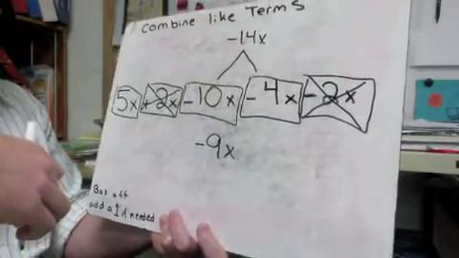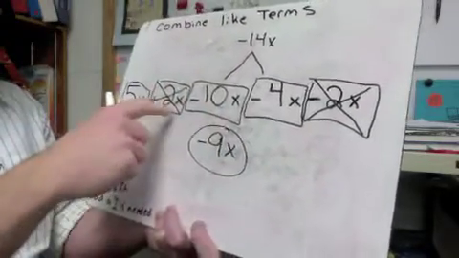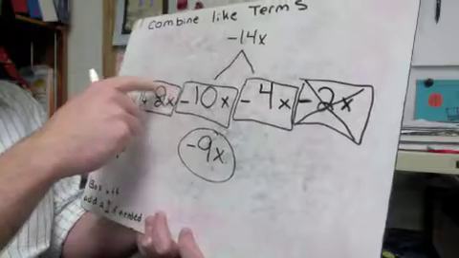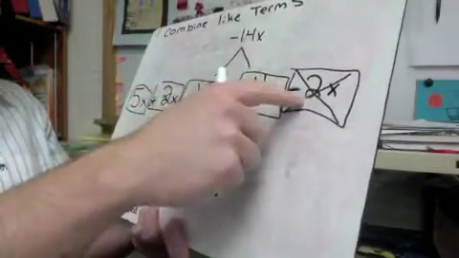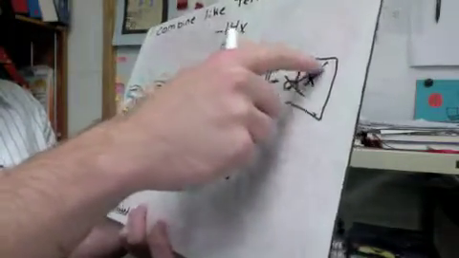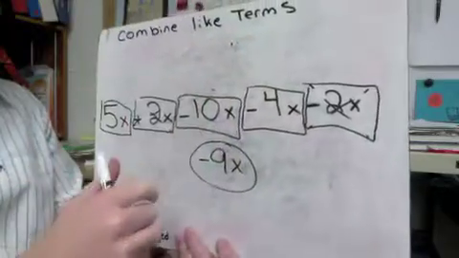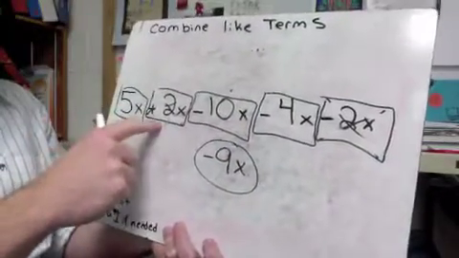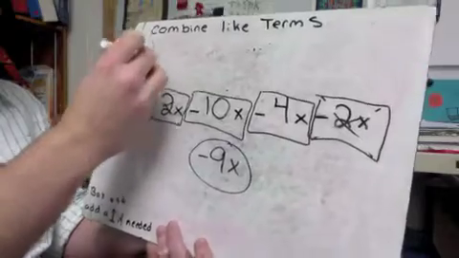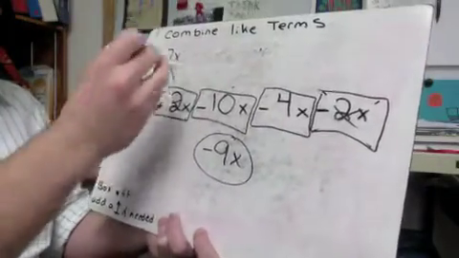Now, just another way to do this, I could just go straight down the line if I wanted to. If I wanted to include this in here, I could. And I could just go straight down the line if that makes more sense to you. So for instance, 5 plus 2 is 7x.